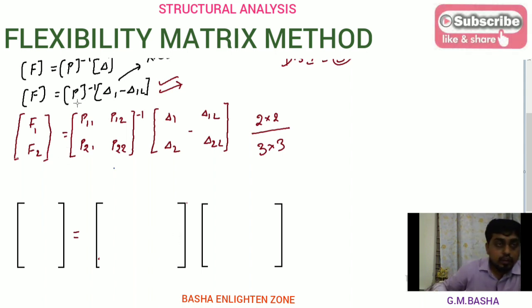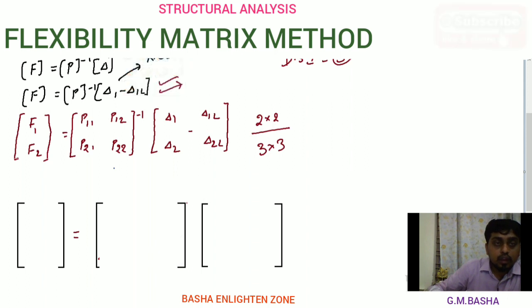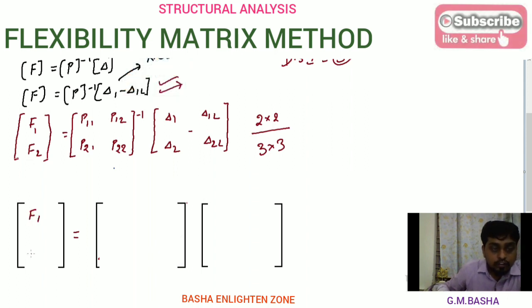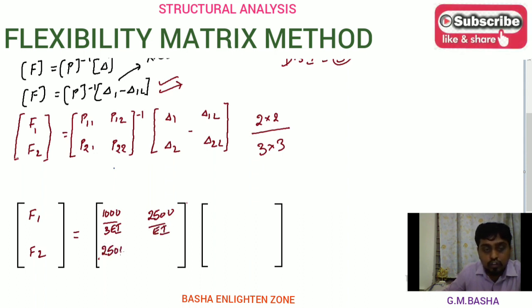Here I am taking the unknown forces as F1 F2, and what about this P11 value? That value will be equal to 1000 by 3 EI. Similarly here you will get 2500 by EI, and similarly here 2500 by EI, which is this P21. Again what about this P22? That one will be equal to 8000 by EI, which is in the format of the inverse.